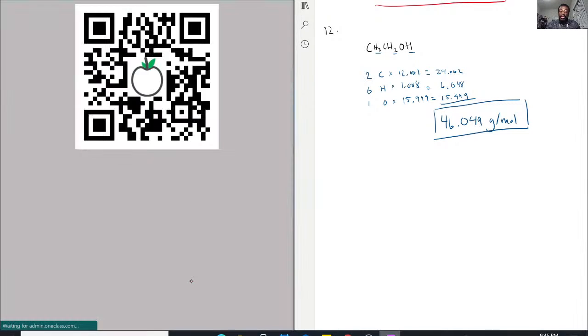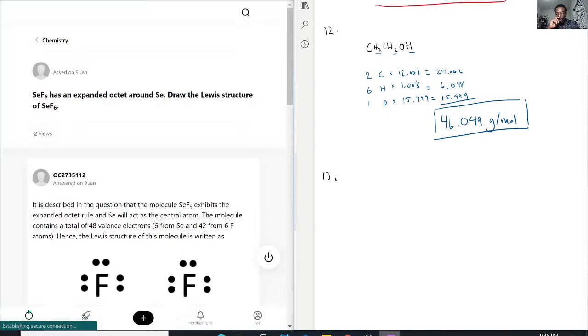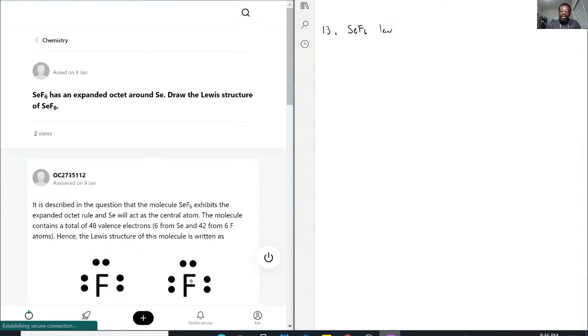Now let's move to question number 13. We have SeF6 has an expanded octet around selenium. Draw the Lewis structure of this molecule. So SeF6 Lewis structure. Okay? So right away, we know it has an expanded octet based on what it said.